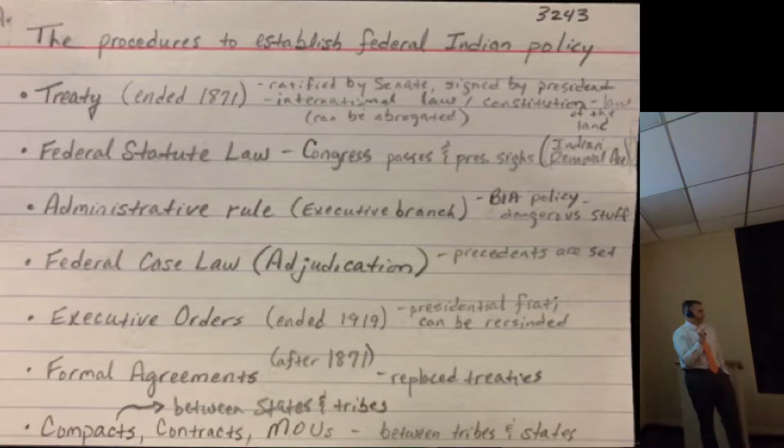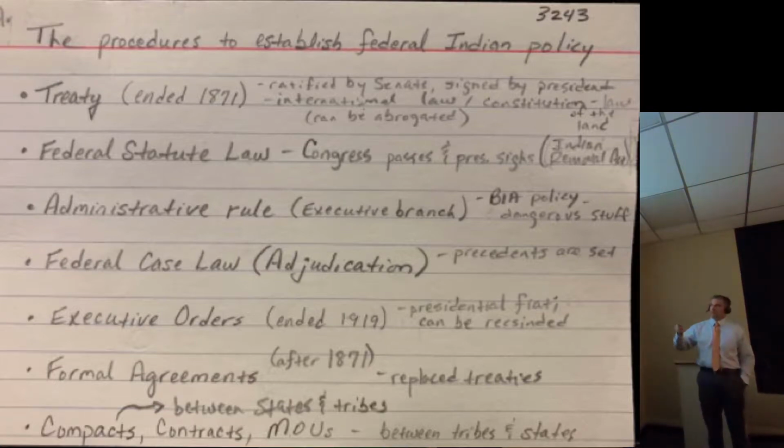We had not won our independence, and we weren't recognized internationally as a sovereign state yet. Because of that, we did not have a lot of authority to wield as a sovereign power. Nevertheless, 1778 is usually identified as the first Indian treaty, and that's with the Lenape or the Delaware, in essentially Pennsylvania.